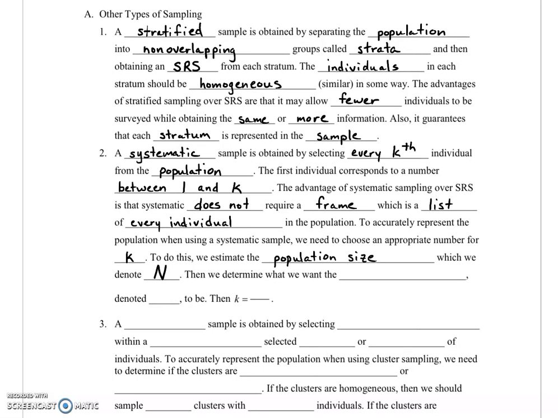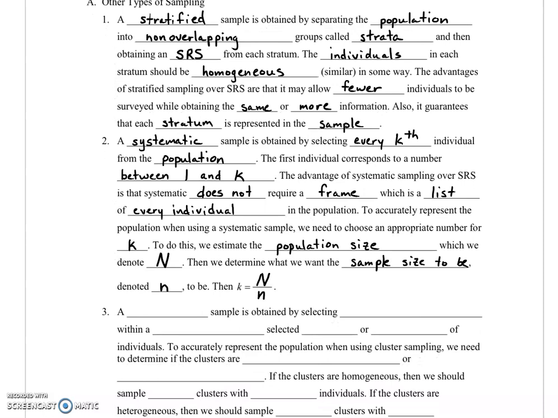Then we determine what we want the sample size to be. And of course, we've already mentioned back in chapter 5 that sample size is a lowercase n. So then to figure out what k needs to be, we just take the population size and divide it by whatever we want our sample size to be. And we'll talk about how all these work more in a minute.